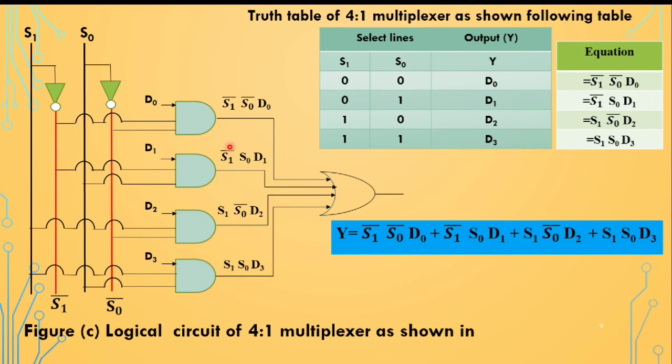Finally, the AND gate outputs are connected to the OR gate and we get the one output, which is the combination of this plus this plus this plus this. Finally we get the same equation as from the truth table.